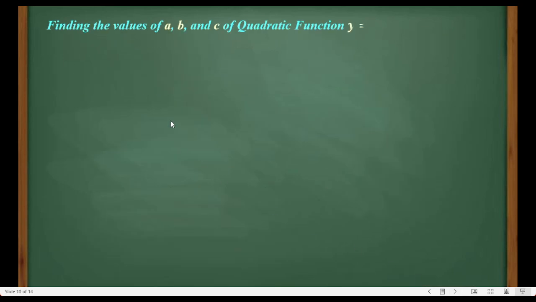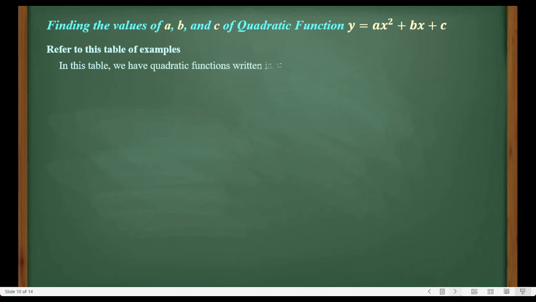Finding the values of a, b, and c of quadratic function in the form y equals ax squared plus bx plus c. Refer to this table of examples. In this table, we have quadratic functions written in standard form, or y equals ax squared plus bx plus c, indicating the values of a, b, and c.